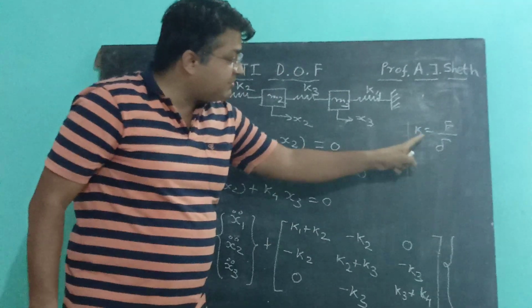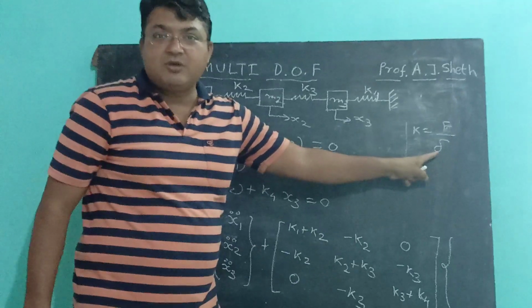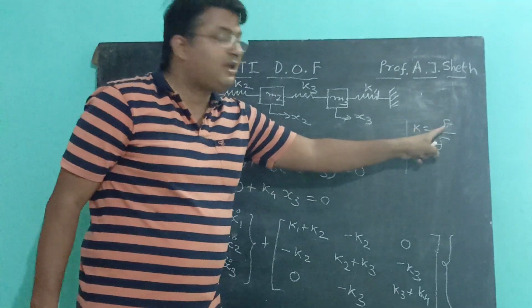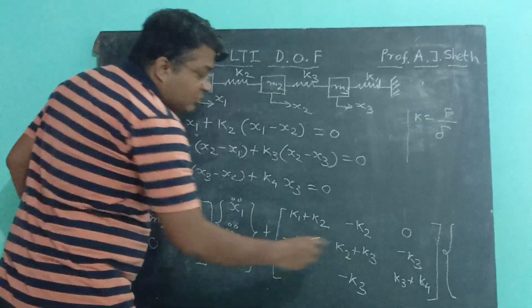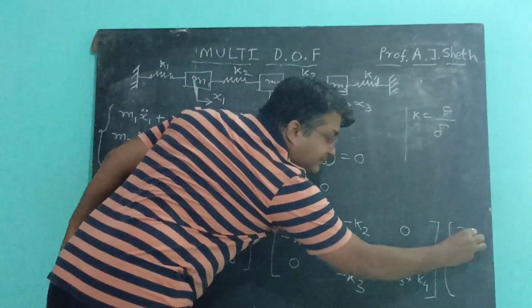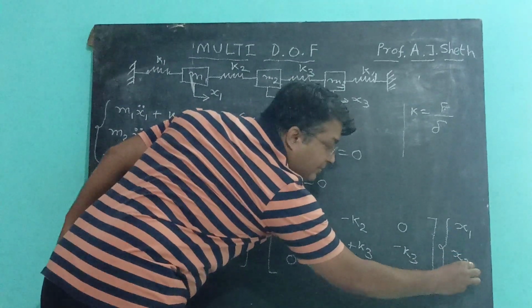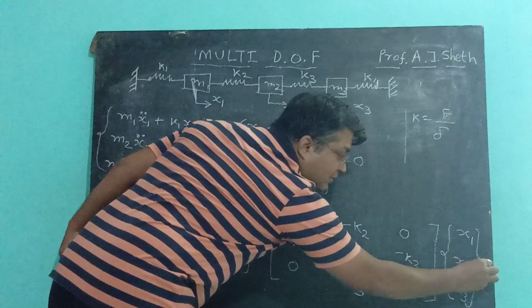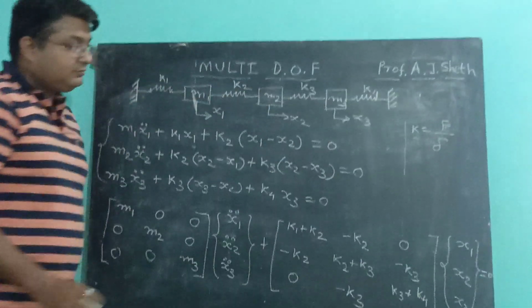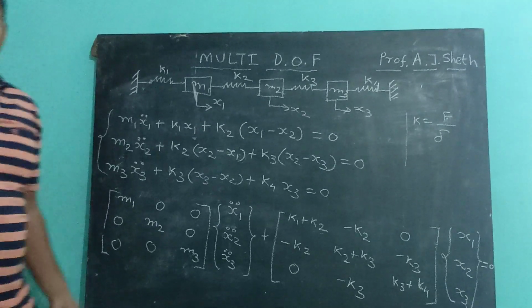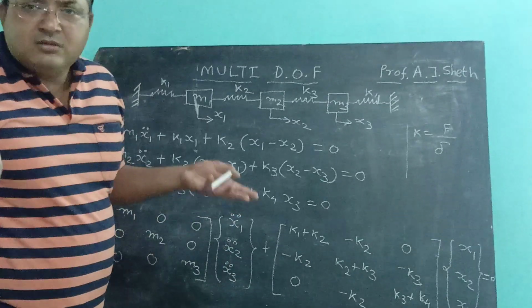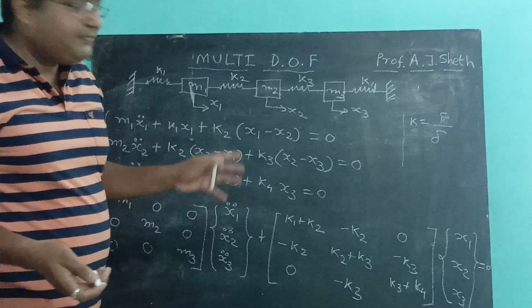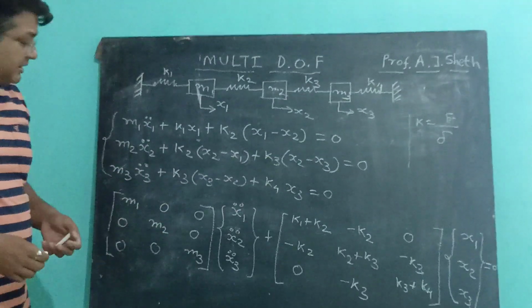So stiffness multiplied by displacement is force F. So x1, x2 and x3, and it is equal to 0. Why? Because it is not a forced vibration situation, it is a free vibration condition.